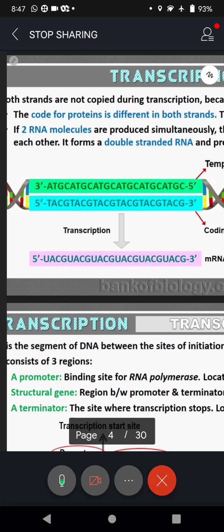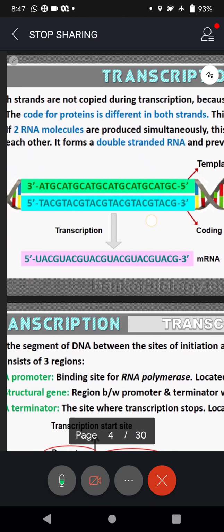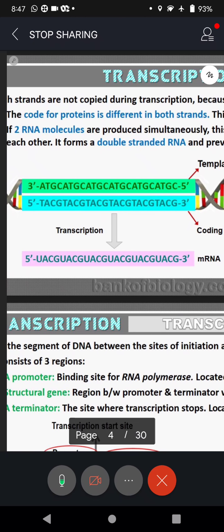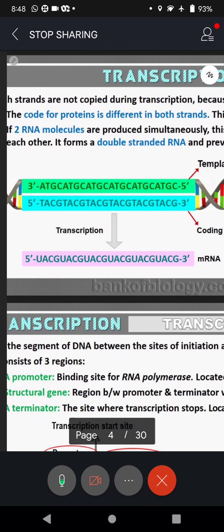And just now we said it is 3' to 5' in template strand. Look at that. It started off with 3', third carbon, ending with 5 carbon. And what about the other one? 5' to 3'. When transcription takes place, which is being transcribed?